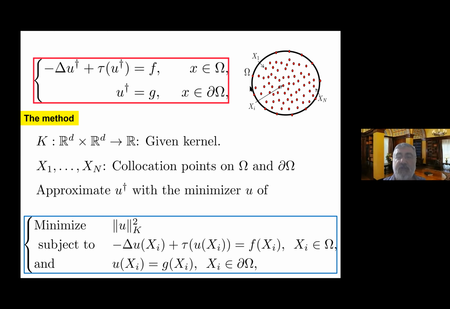Note that some of these collocation points are in the interior of the domain and some are on the boundary. And note also that the PDE constraints at those collocation points depend on whether they are located in the interior of the domain or on the boundary.